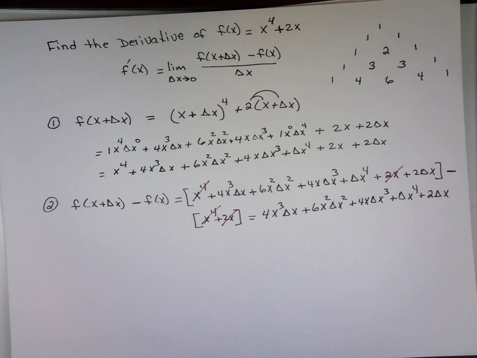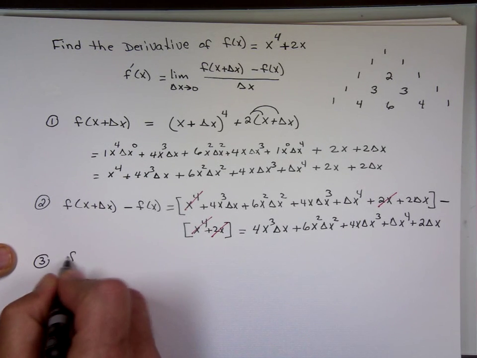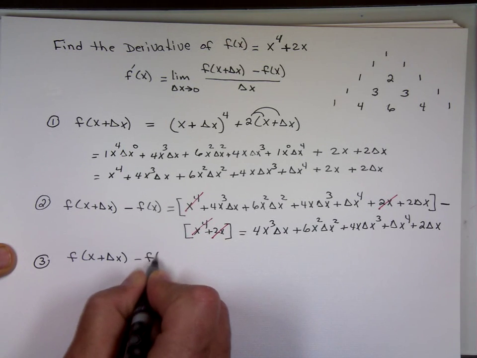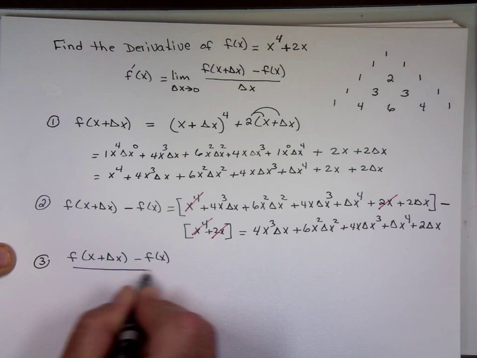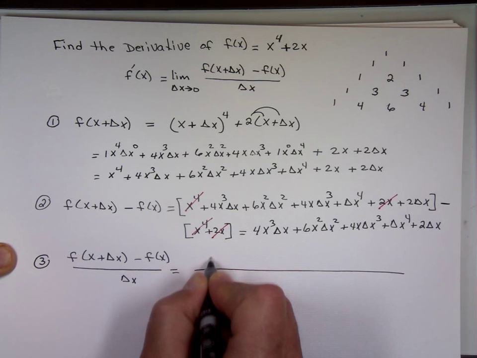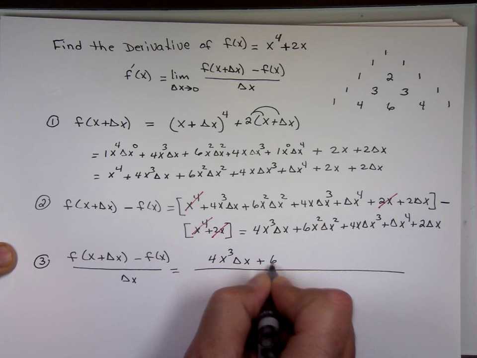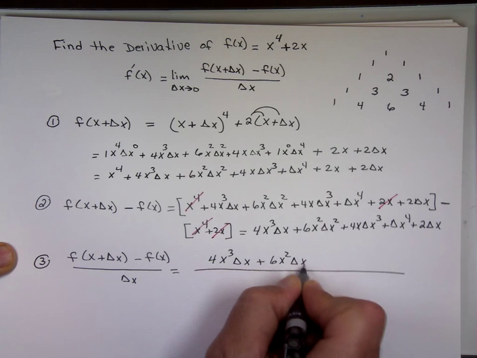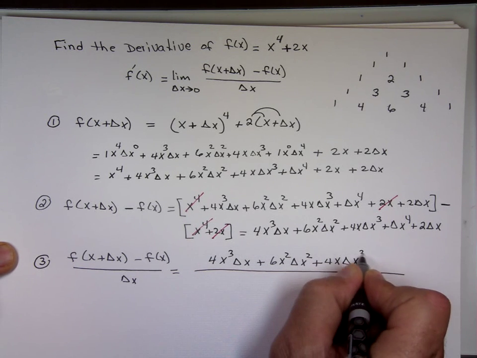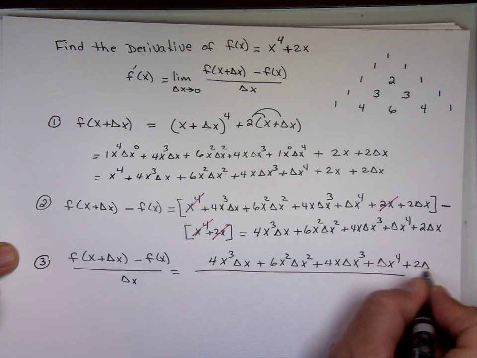Step number 3, we're going to take the answer. We're almost done with this problem. And divide it by delta x. Take the answer from step number 2 and divide it by delta x.